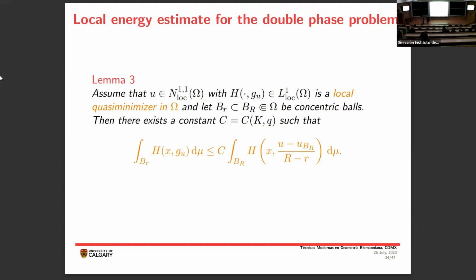I mean, in metric measure spaces, these types of results, like higher integrability for minimizers, for other energies.